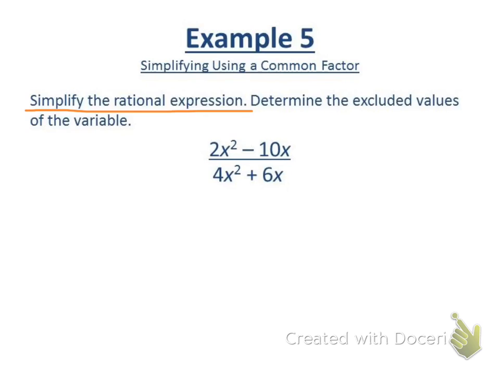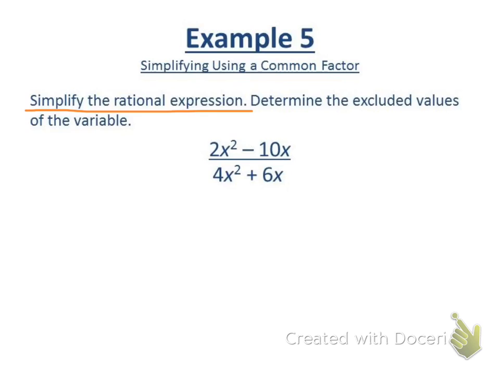All right, 2x squared minus 10x over 4x squared plus 6x. Simplify and determine the excluded values of the variable. Simplifying fractions involves canceling common factors. And to find the factors, we have to factor the expression. So the first step is going to be to factor the numerator and denominator using a GCF.